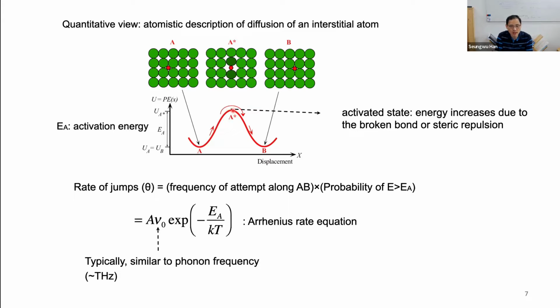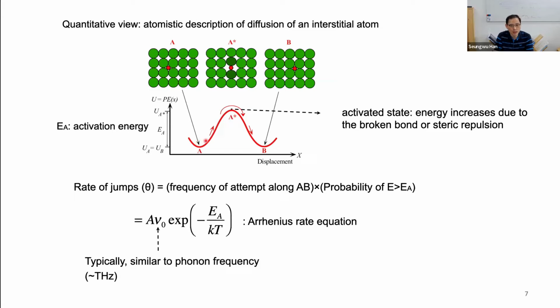The maximum energy state is called the transition state, and the energy difference between this transition state and the original site is called the activation energy. Therefore you need enough energy to overcome the barrier, which comes from the broken bonds and the strain repulsion.